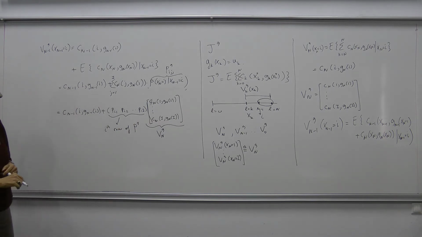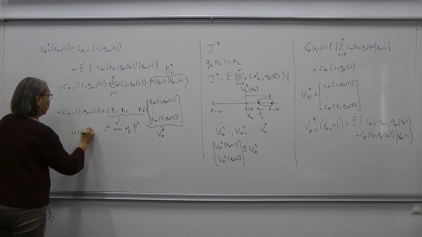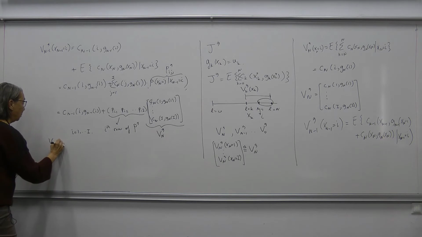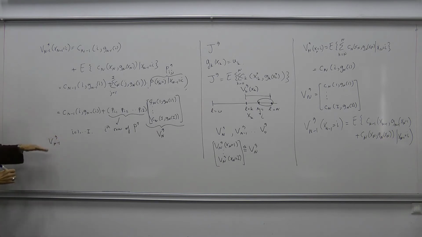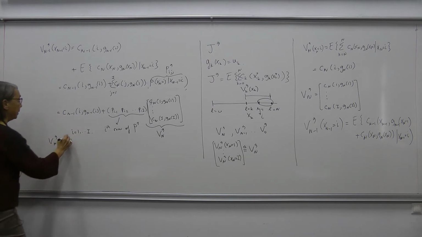So we have multiplied the i-th row with that V_n^g there. And we have to do this for all i, starting from 1 up to I, for all states. As a result, we will obtain V_{n-1}^g as a vector, writing one after the other all those equations as a vector.